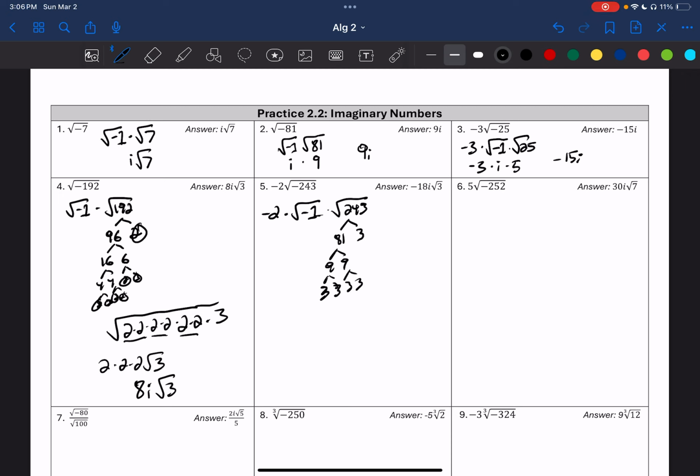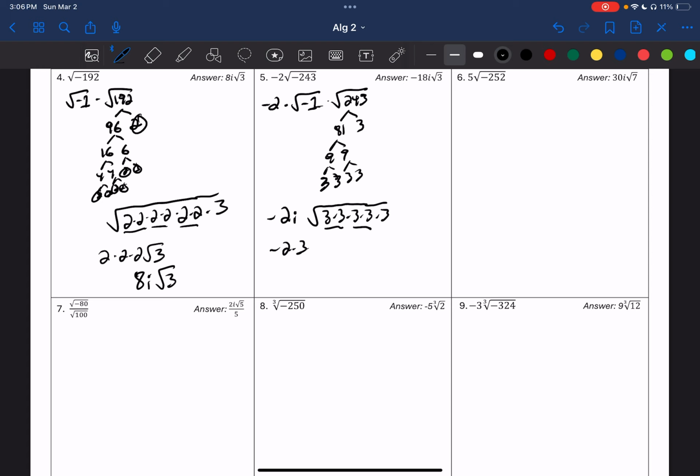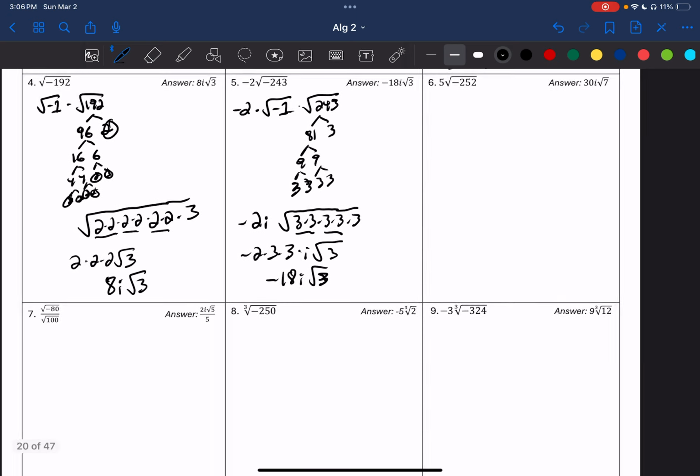So we would have -2i times the square root of 3 times 3 times 3 times 3 times 3. You can see that we have 2 full sets of 2 3's here. So you can pull those out, and you have -2 times 3 times 3 times i times the square root of 3, or -18i root 3.